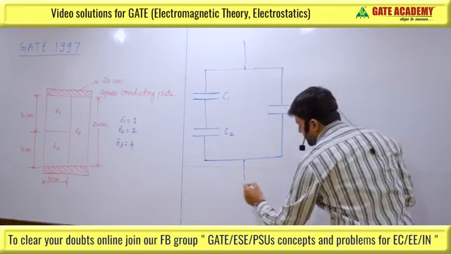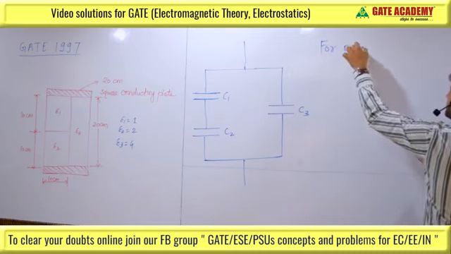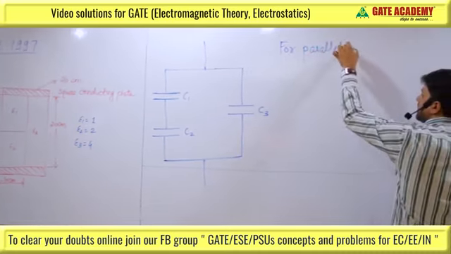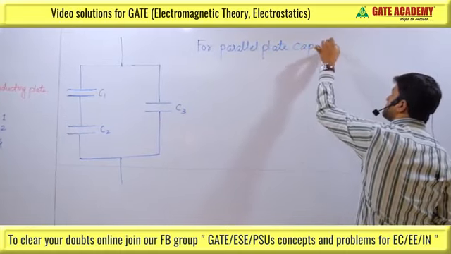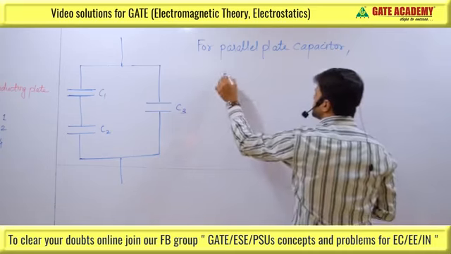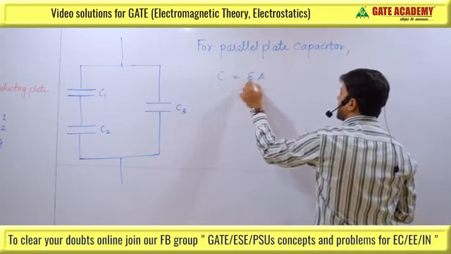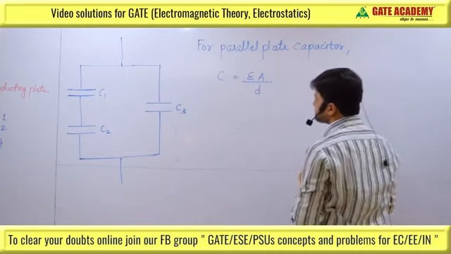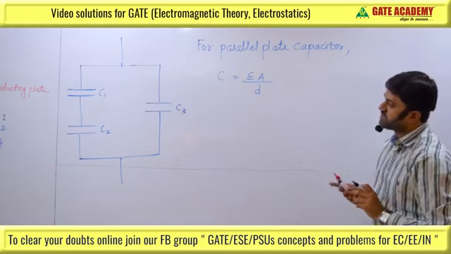So for a parallel plate capacitor, C1 capacitance is given as epsilon A upon D. Now we have three capacitances.